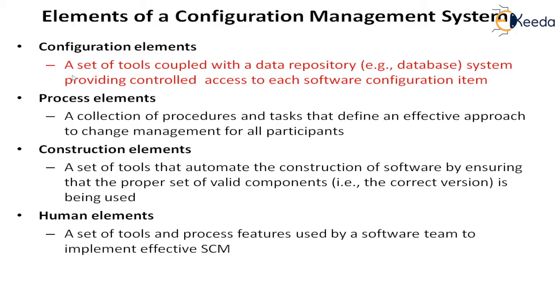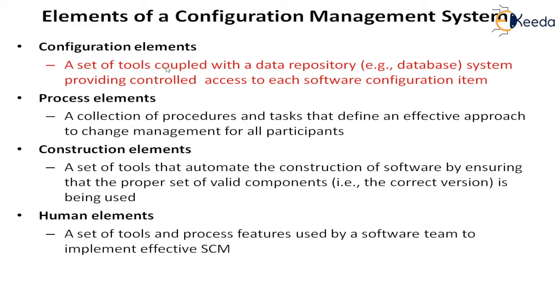The first and foremost was the configuration element, which deals with a data repository, the concept that there should be a data repository and a set of tools with the data repository. They will store all the configurable items, and whenever it is required, it will provide controlled access to each of the objects which are part of the software configuration item.